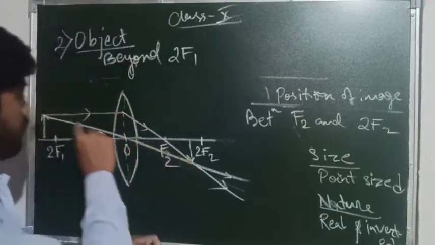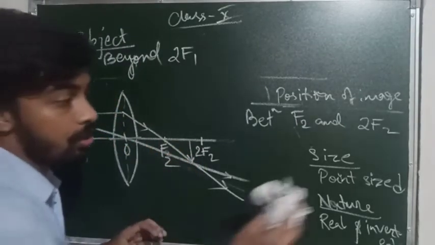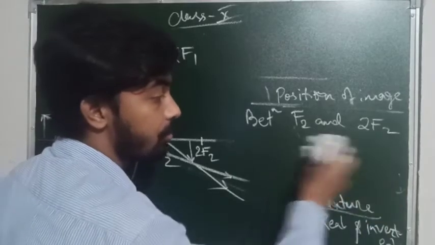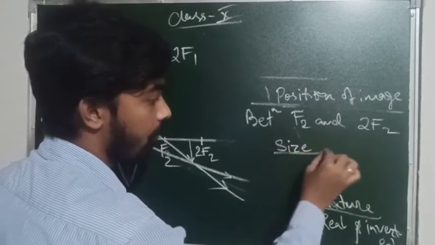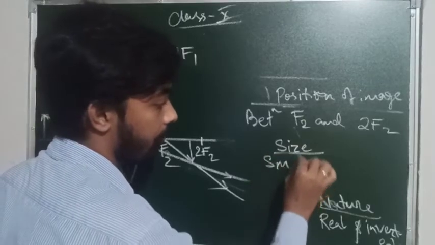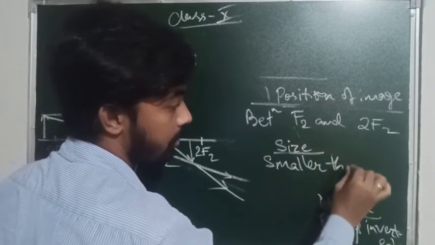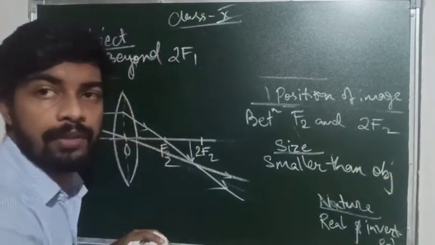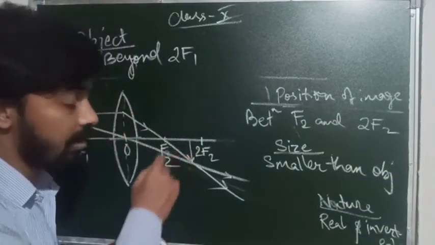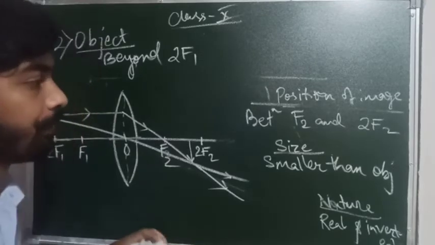Size, see here, the image should be smaller than the object. So the size is smaller than object. OBJ I've written in short. Nature will be real and inverted.